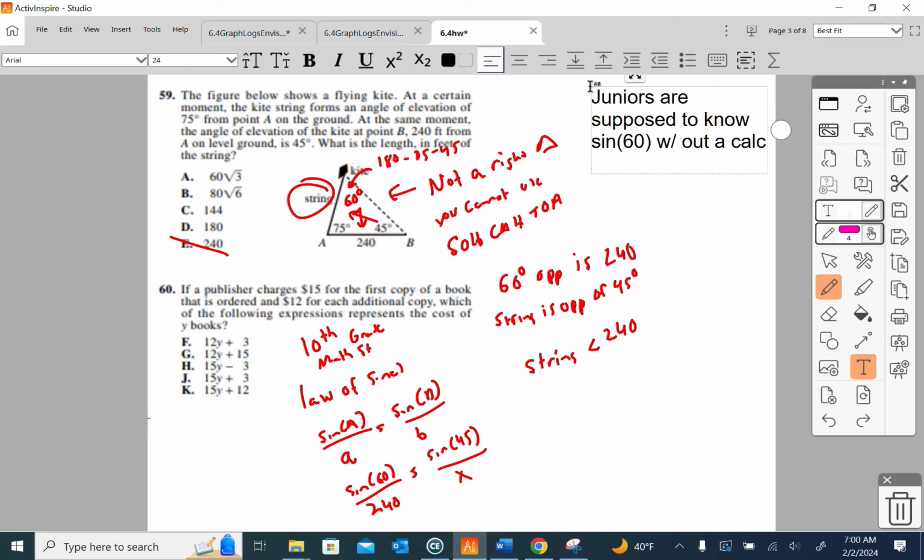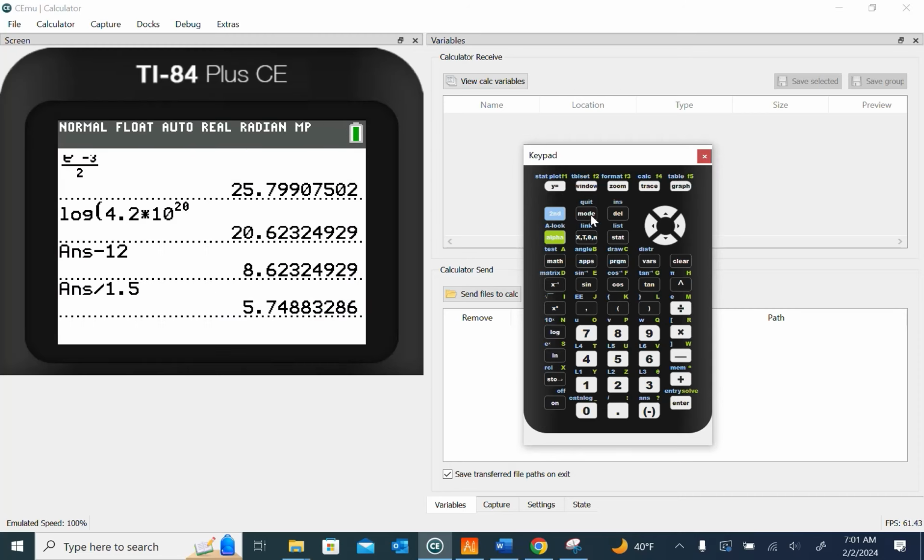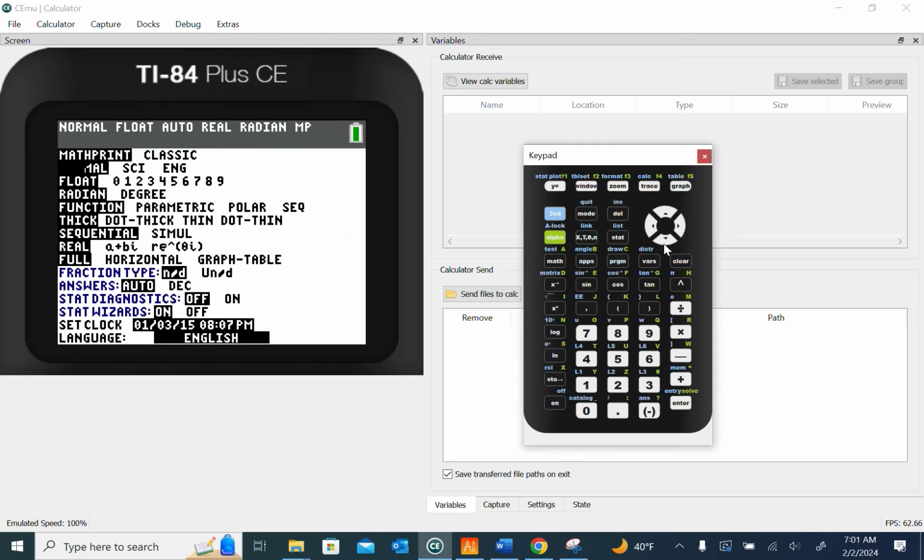They are supposed to know the sine of 45 without a calculator. If you don't know it, it's mostly your fault, but whatever. You put your calculator in degree mode, and you just push some buttons.